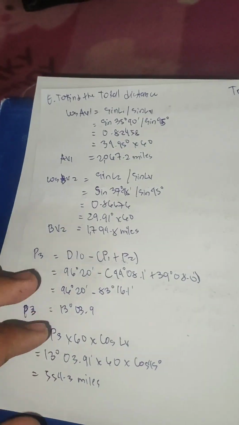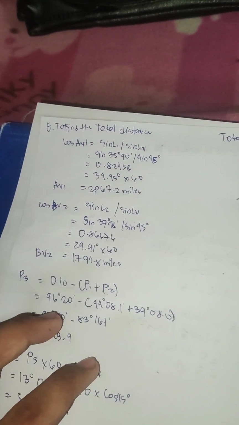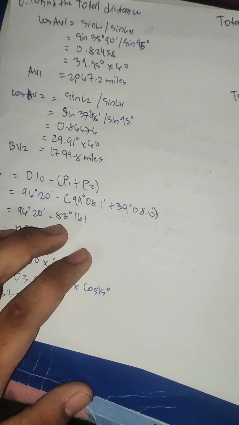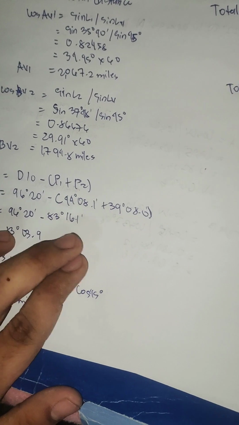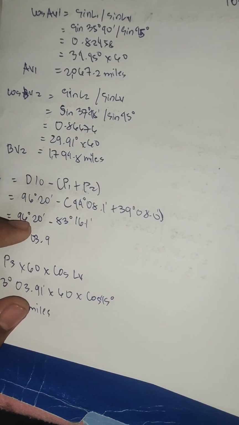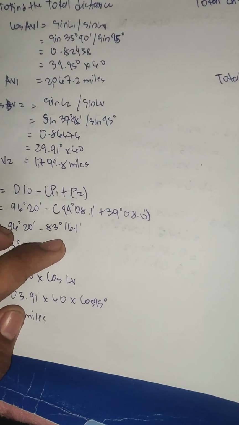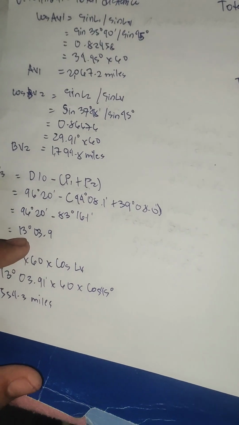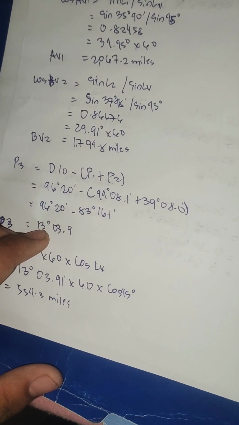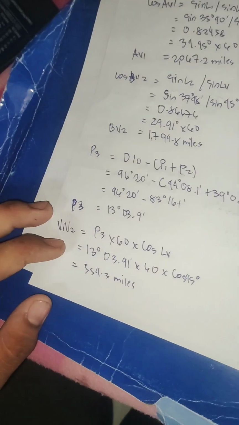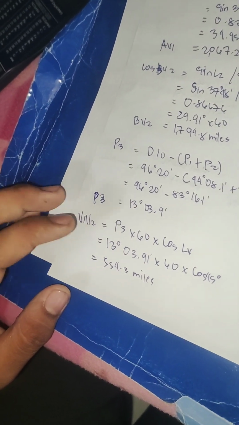But first, you need to add P1 plus P2, and the answer is 83 degrees 16.1 minutes. So 96 degrees 20 minutes minus 83 degrees 16.1 minutes is equal to P3, which is 13 degrees 03.9 minutes.